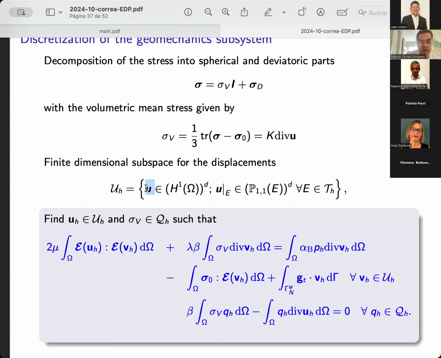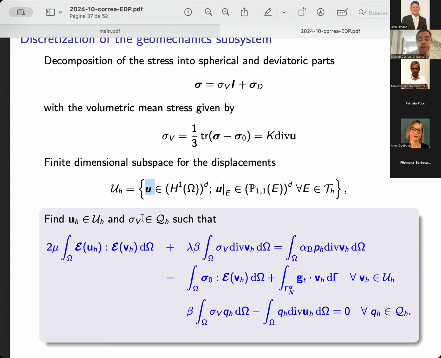Here U is not velocity anymore, it's the displacement. This formulation is posed in terms of the displacement in H1, and the volumetric mean stress is piecewise constant. So the displacements are bilinear functions, and the mean stress is piecewise constant.